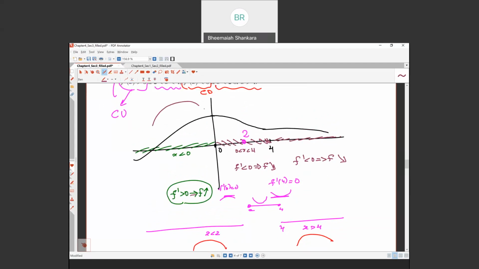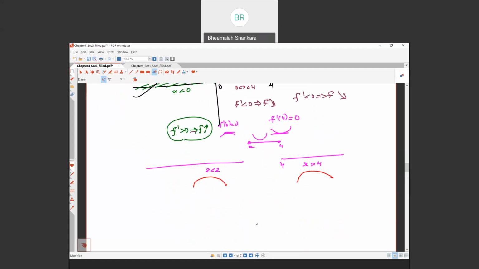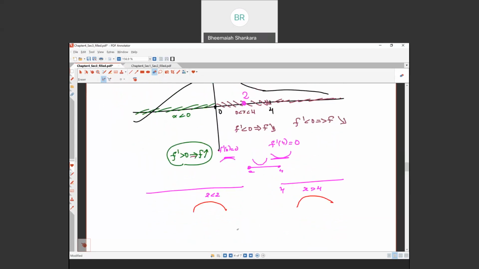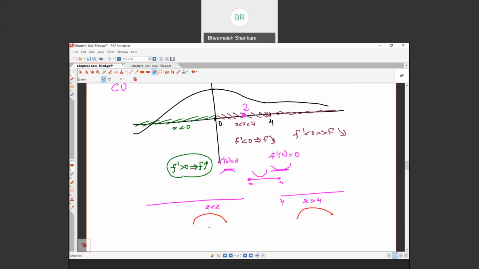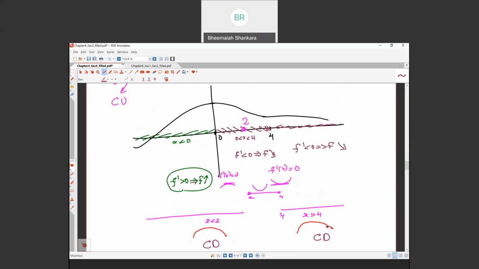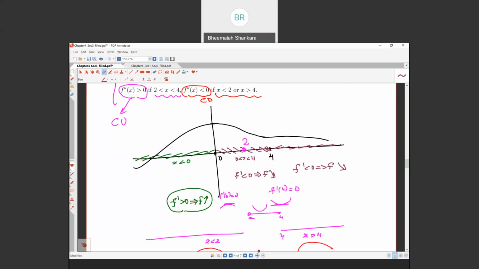I'm sorry. For x less than 2, you have concave down. For x greater than 4, it's a concave down curve. So for values between 2 and 4, you have concave up curve. So let me write, between 2 and 4, you should see a concave up.